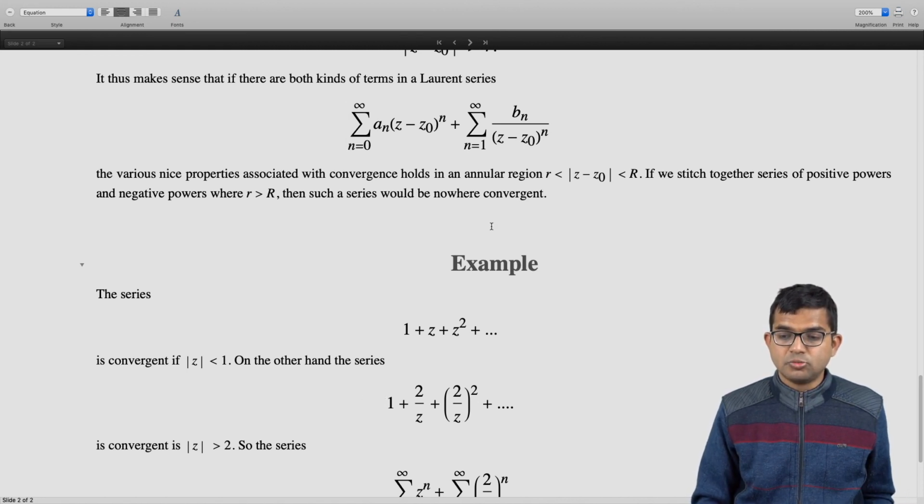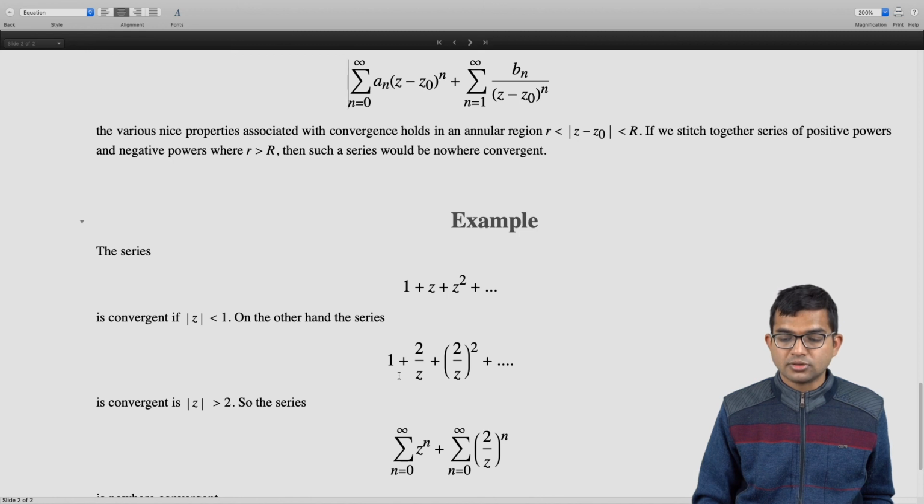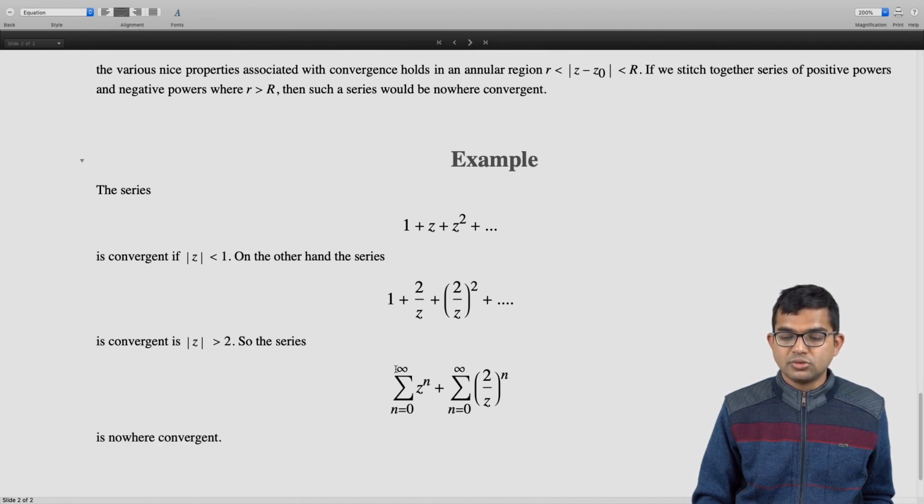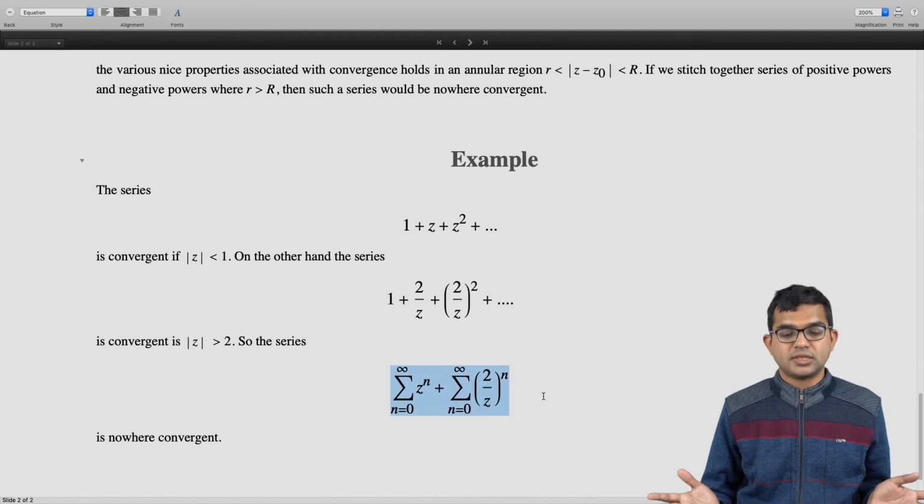That means the small r in this case is 2 and large R in this case is actually 1. So if you just add these two series together, there is nowhere that both of these will simultaneously converge. So overall, this is a Laurent series which has no region of convergence.